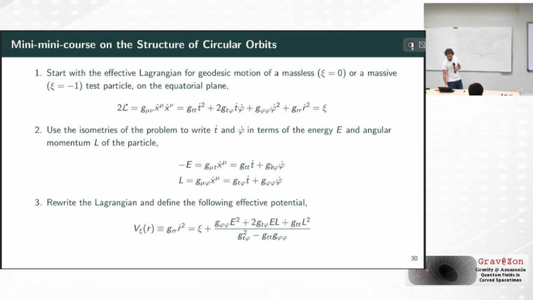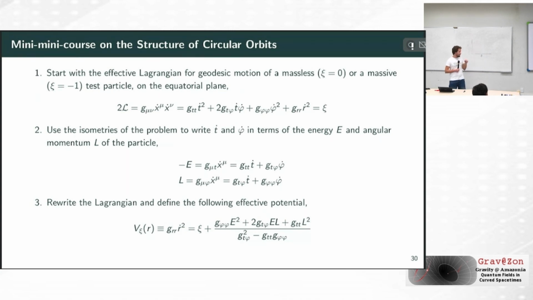With that, you can rewrite this Lagrangian and define this potential in this way. You do this because now, if you want to find the cycloorbits, the variation of the radial coordinate must be 0, so r dot must be equal to 0, so you have to find the zeros of this potential, as well as r double dot.